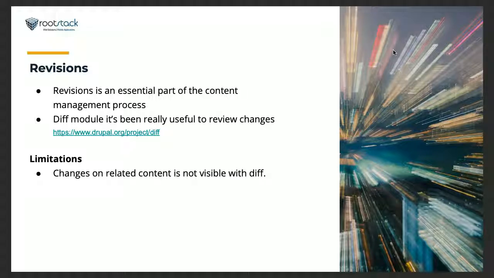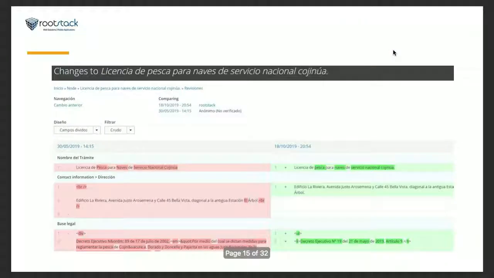The only limitation that we had, and we still have, I don't know if that has changed since we did this, is that when you see revisions or changes on your website, you cannot see what happened with anything that is not part of the node itself but is referenced from it. That happens with paragraphs or entity references.